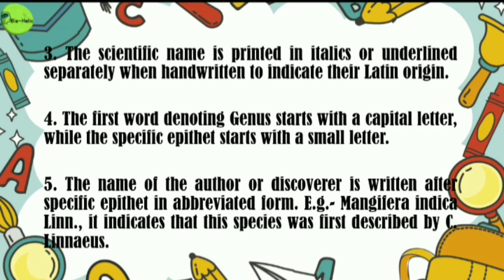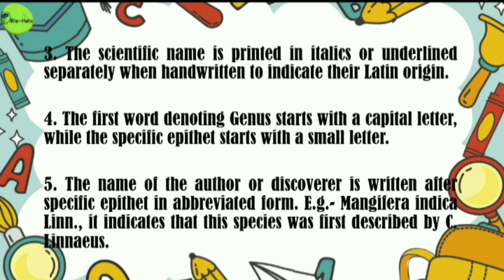Now, the scientific name is printed in italics or underlined separately when handwritten to indicate their Latin origin. The fourth point is that the first word denoting the genus starts with a capital letter, while the specific epithet starts with a small letter.